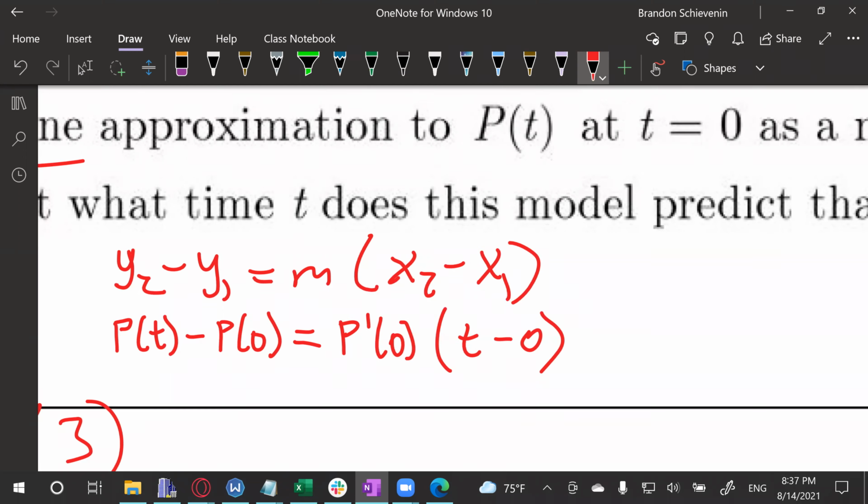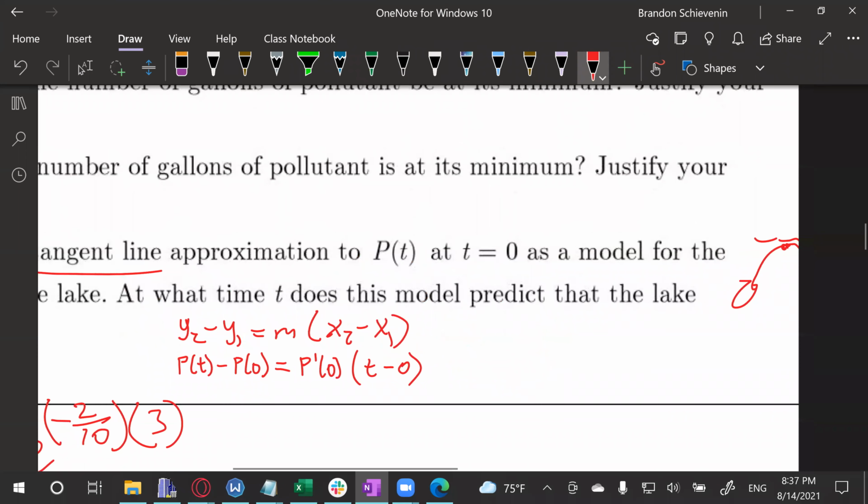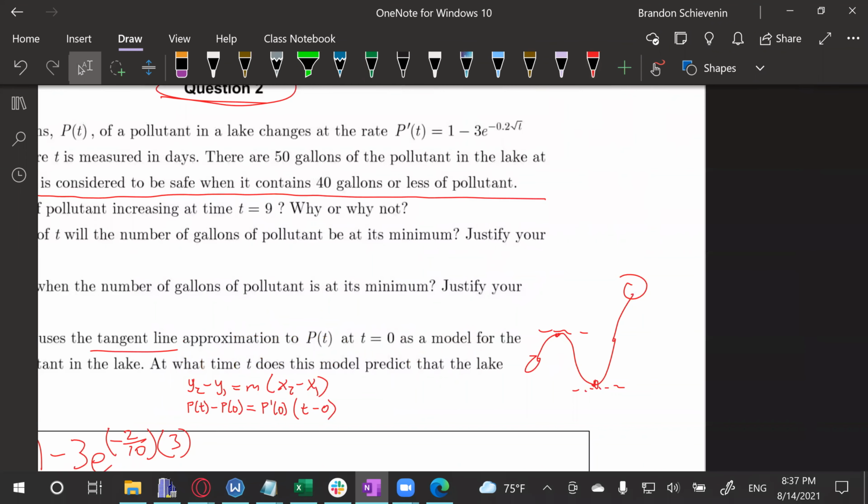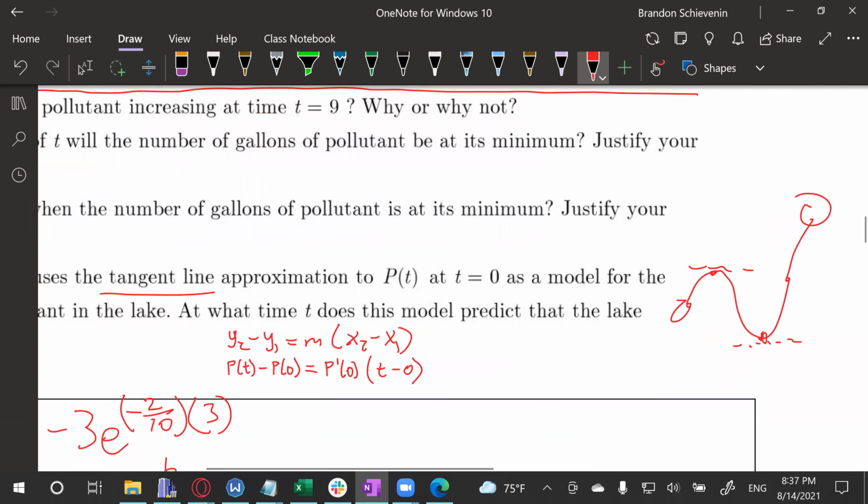By plugging t equals 0 into P prime, which we know the equation for the slope of, we'll be able to get an m value, P prime at 0, that we can substitute. And we'll be able to solve for P at t. Okay, I'm going to move this down to our box. We'll keep going from there.